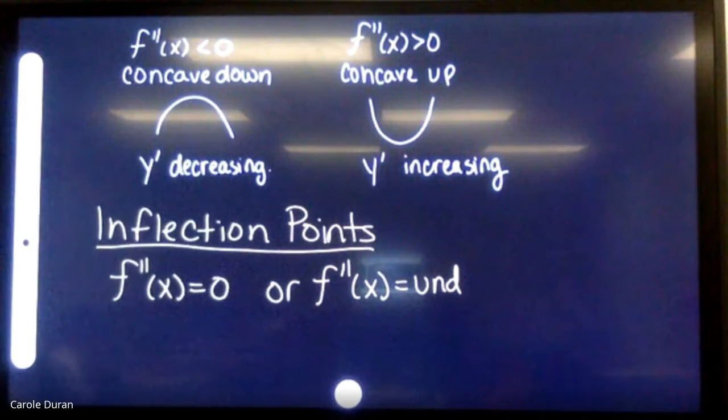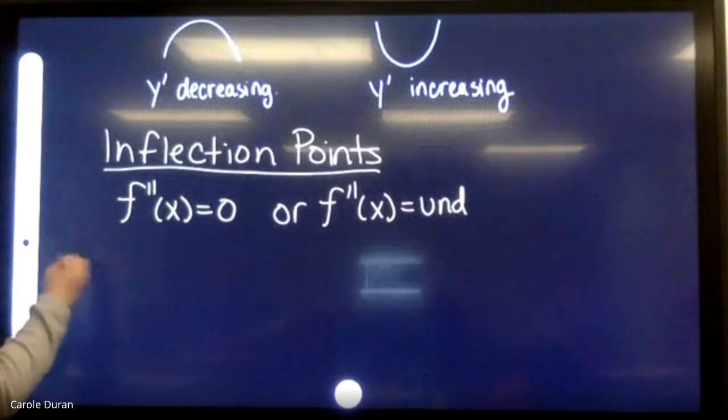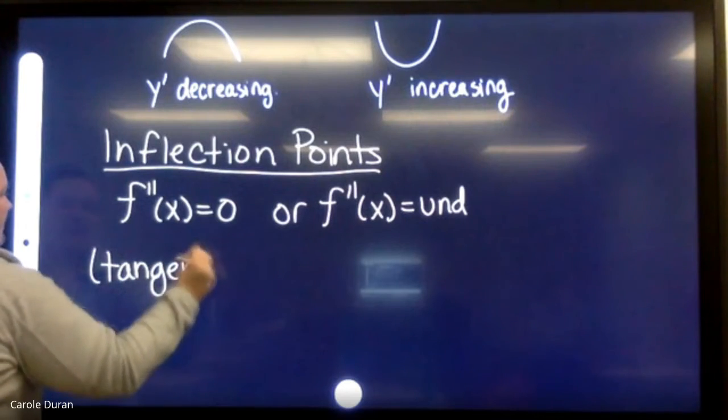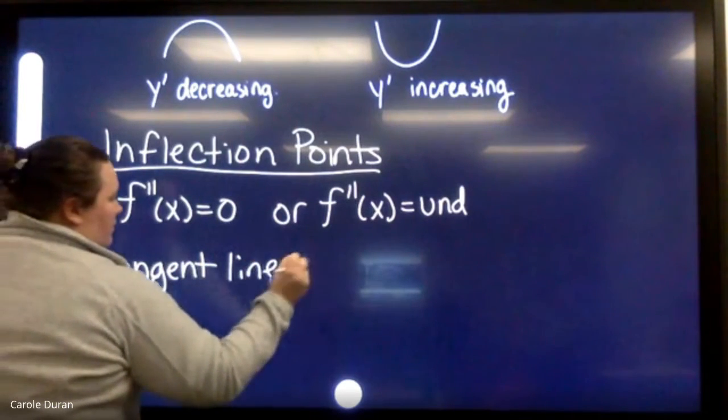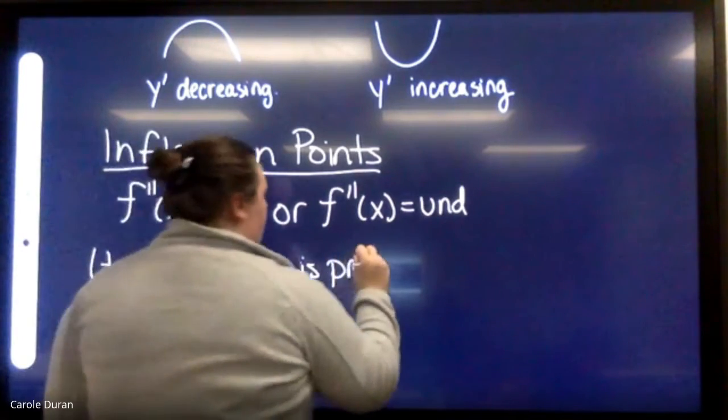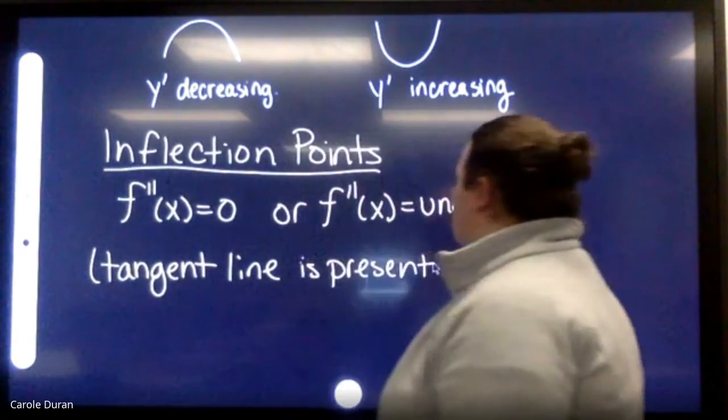It is also important to note that not only does my second derivative have to equal 0, but I have to be able to have a tangent line at that point. So it can't be what?